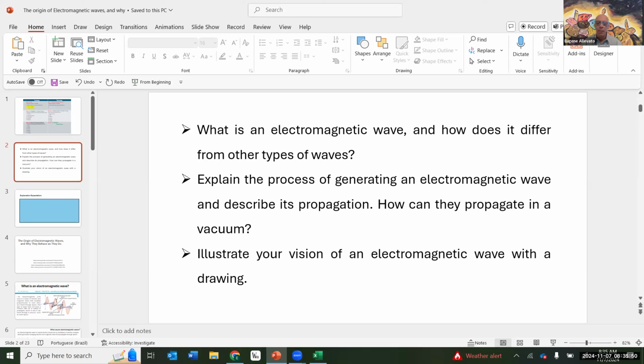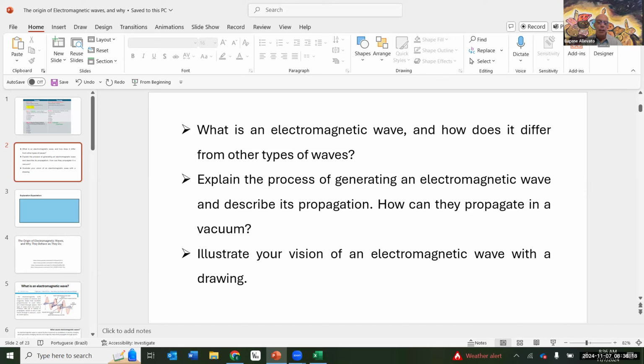And they vary by size, like wavelength. And they are like X-rays and light, radio waves. These are some kinds of electromagnetic waves. That's very good.